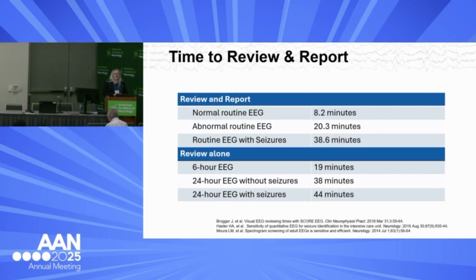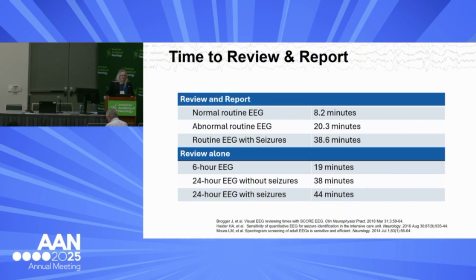There's not a lot of data on how long it takes us to read and report EEG. This is the data that I could collect. So if you look at a normal 21-minute routine EEG, it takes most people about 8 minutes to read and report it. But if it's abnormal, it's going to take longer, about 20 minutes.